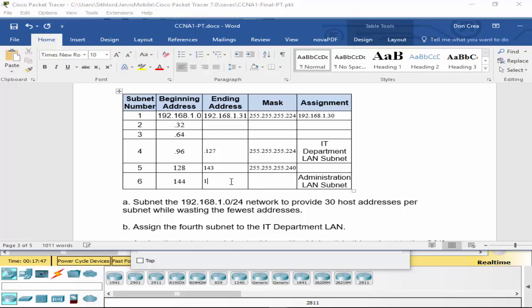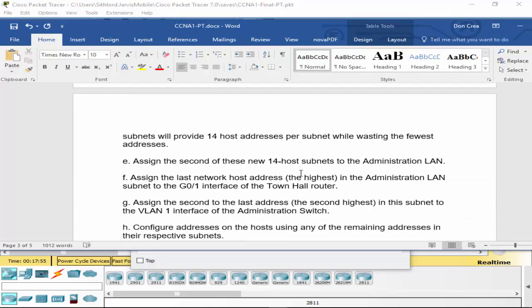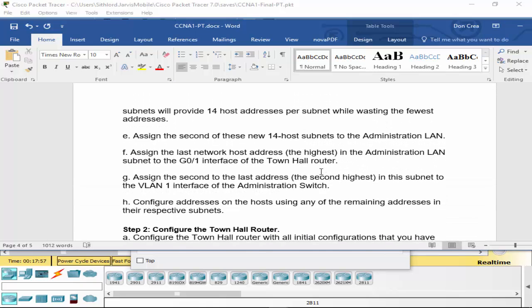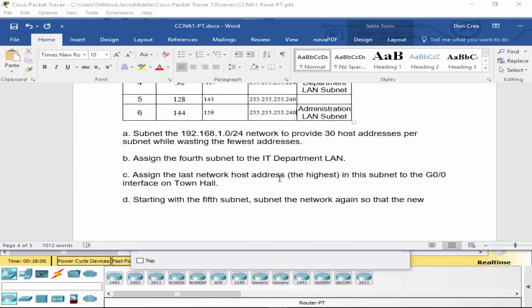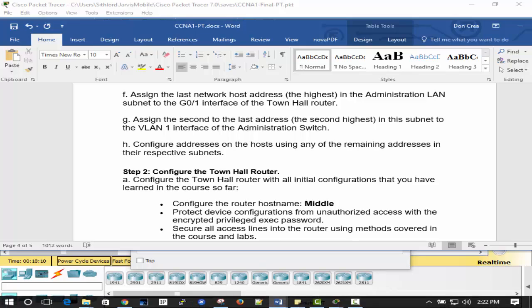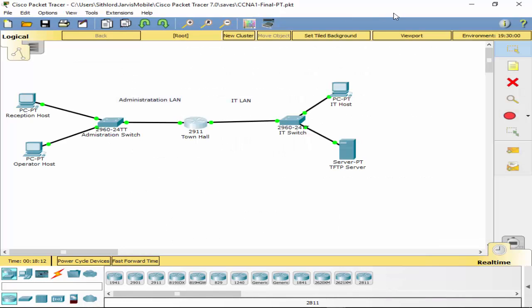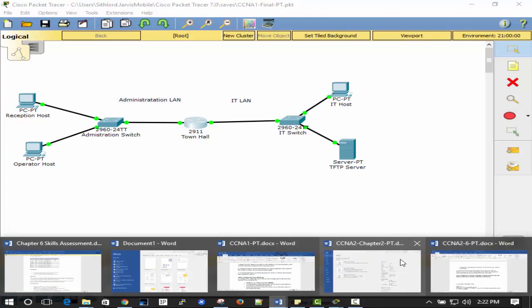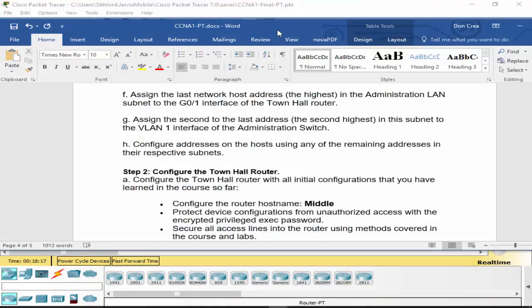Actually, 159 would be the broadcast. Same one. Okay, so that's the administrator LAN. So we want to do first the G00, assign the last host address. So the last host address for that would be 158. So hopefully we did our math right, and it is 158.